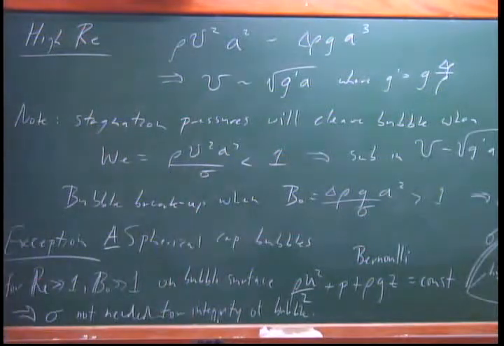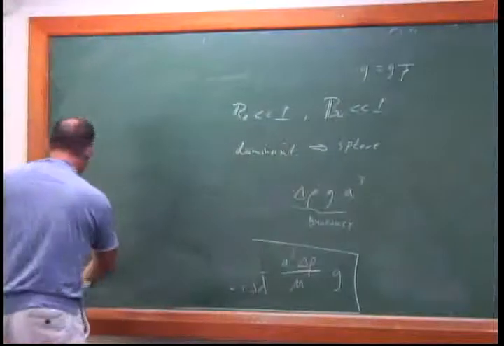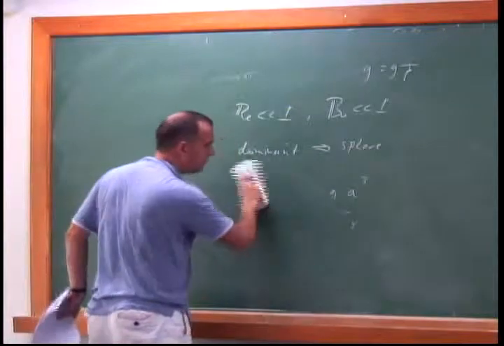The other exception is that you can also get very large toroidal bubbles, and these we can also understand from what we've learned in the course. We know that if things are long and thin, they want to pinch off through the Rayleigh plateau instability. So how can you get large toroidal bubbles?